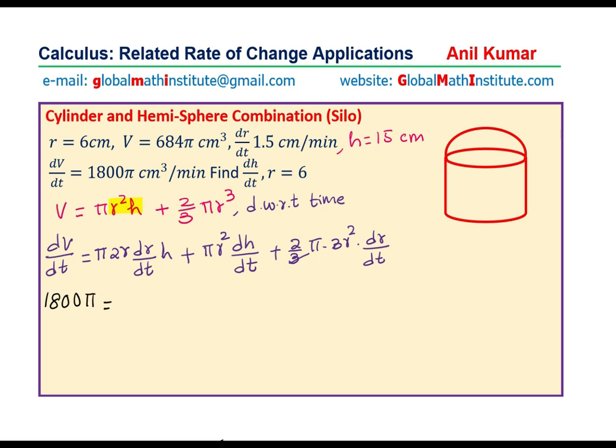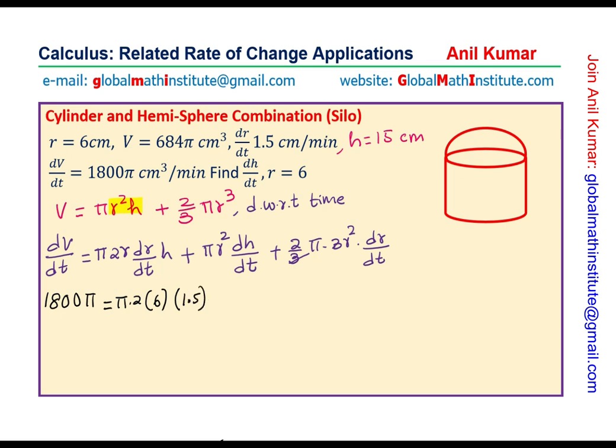1800 pi equals pi times 2 times r of 6, dr/dt is 1.5, times height. Height is 15. We calculated. Plus pi. Actually, we could have cancelled pi, but anyway, let me rewrite.